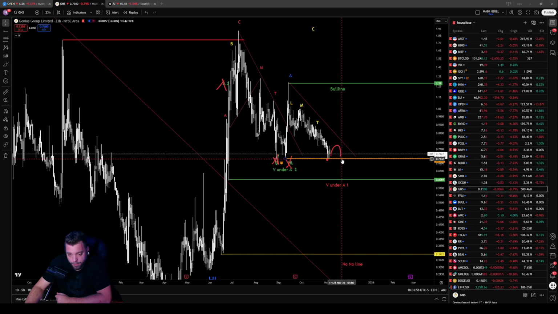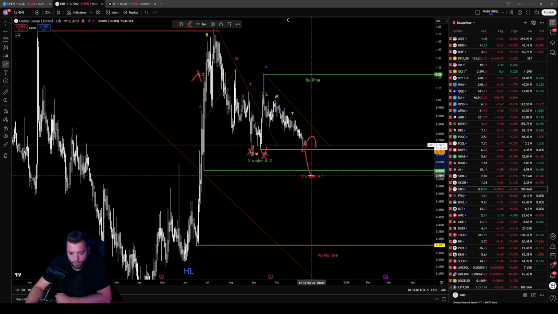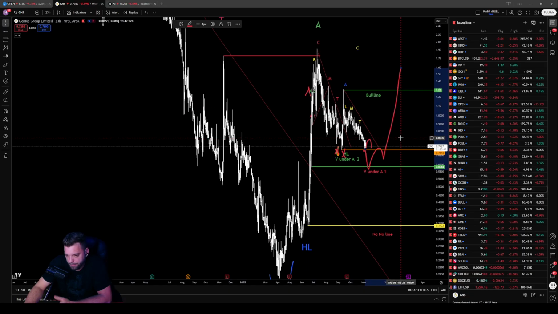If we touch this line, then we still have to go to 60 cents, and then doing the same V&A, high low, and then we go. Yeah, no change today.